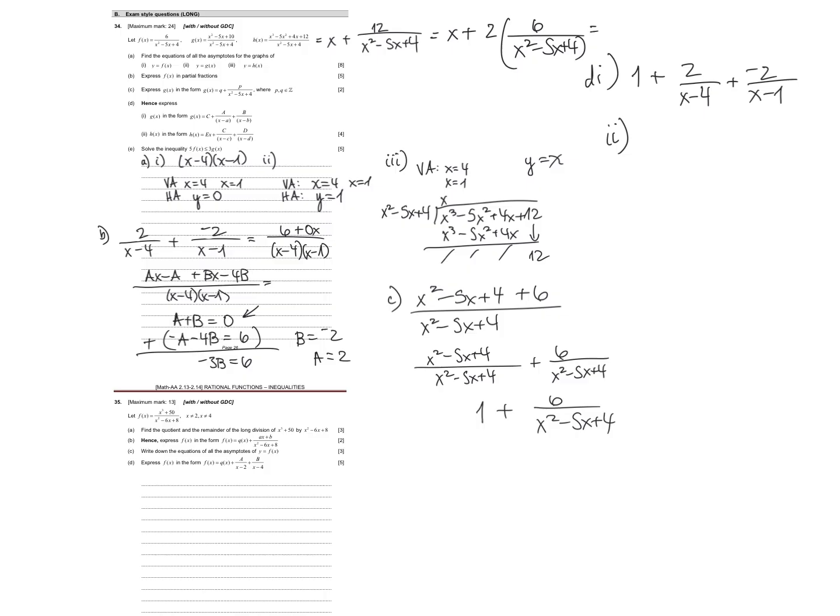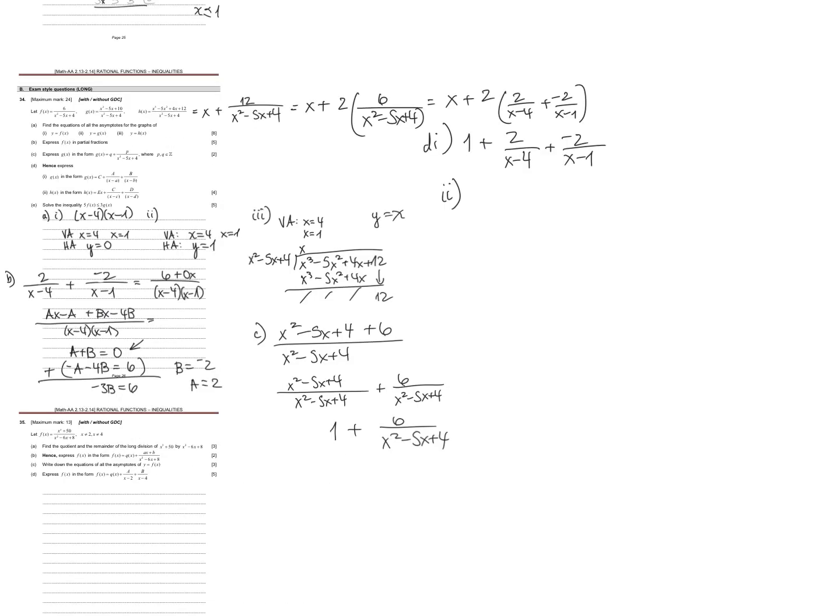So that's x plus 2, and then we're going to have 2 over x minus 4 plus negative 2 over x minus 1. And they want it distributed. So we have E is going to be 1, and then C is going to be 4, and then that's going to be negative 4.